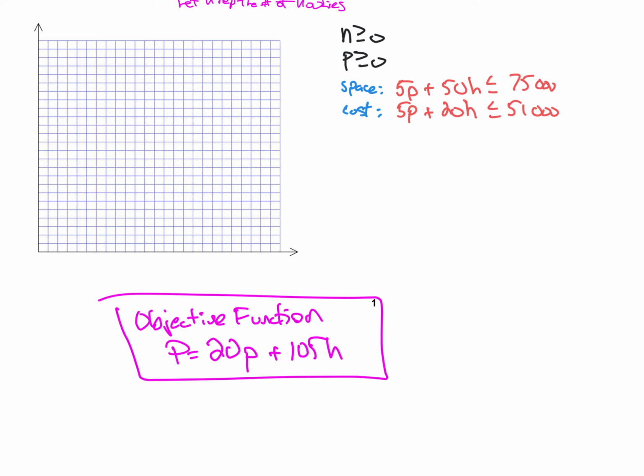We probably shouldn't use a P, because a capital P and a little p is confusing. Let's call it M. It doesn't matter what we call it, really. M for money. There you go.